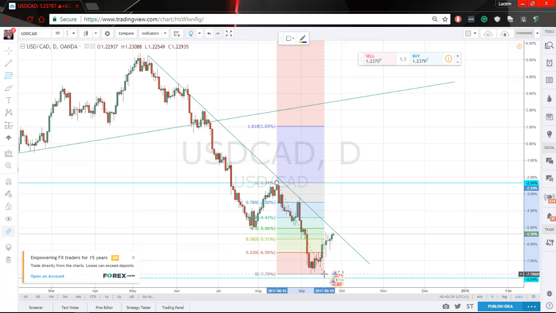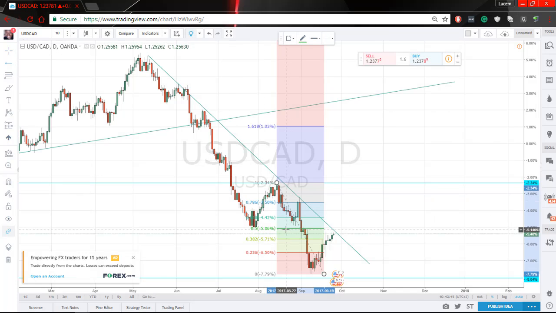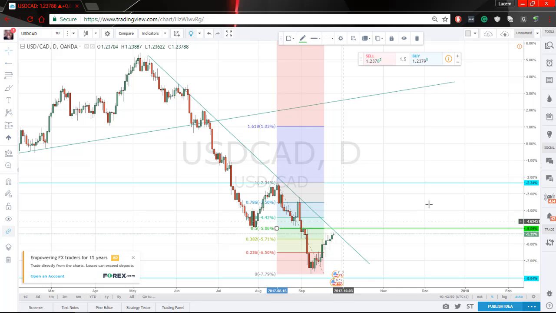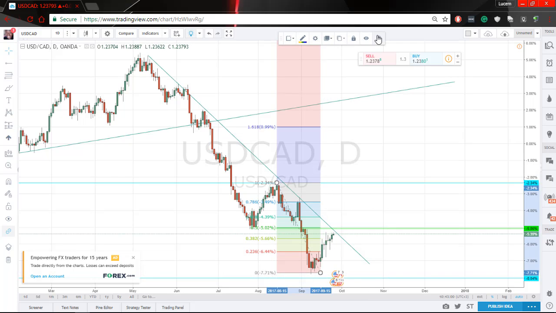right? And then after plotting that, you guys can see very well that we have a 50% zone over here near the trend line. A 50% is a very common zone in Fibonacci, so I'm just gonna go ahead and delete this Fibonacci.